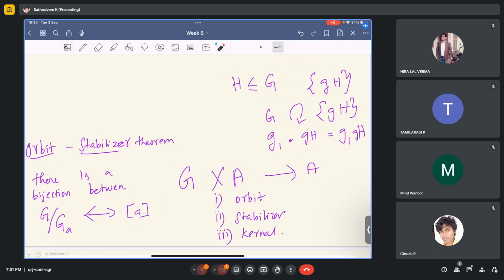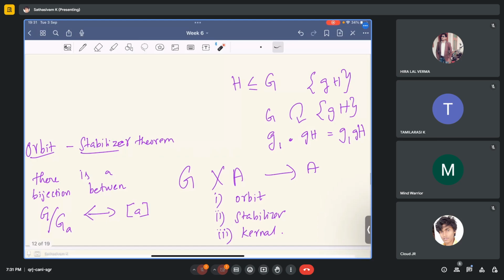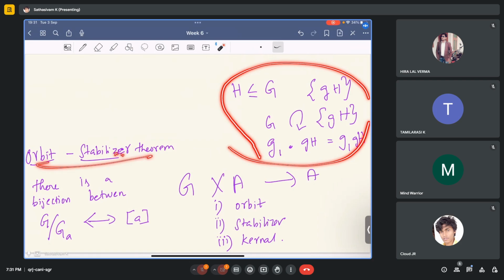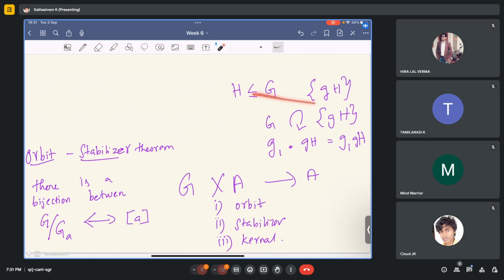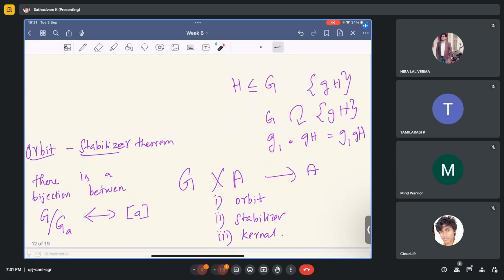So now you can see how interesting this orbit stabilizer theorem is, right? I thought I would do the Lagrange theorem as a consequence of the orbit stabilizer theorem, but anyway, we'll leave this part. The orbit stabilizer theorem basically says there is a bijection between G by the stabilizer. This is a subgroup.